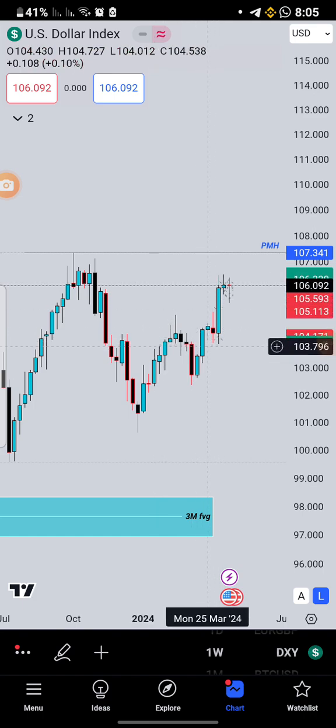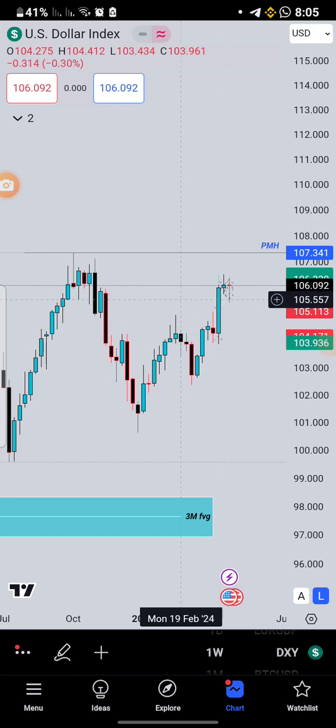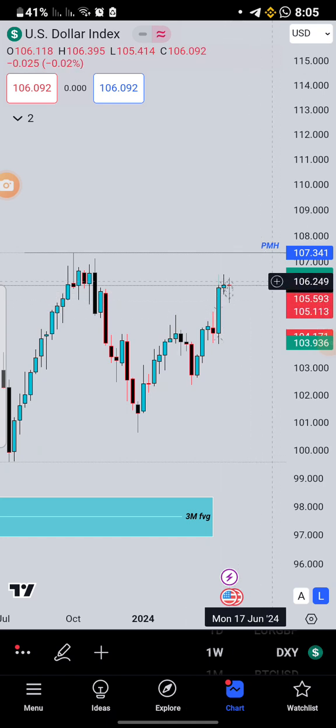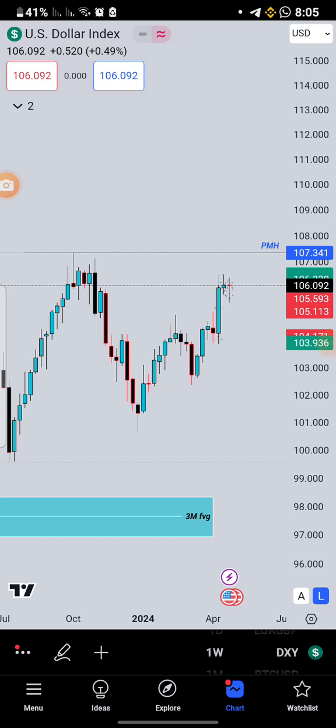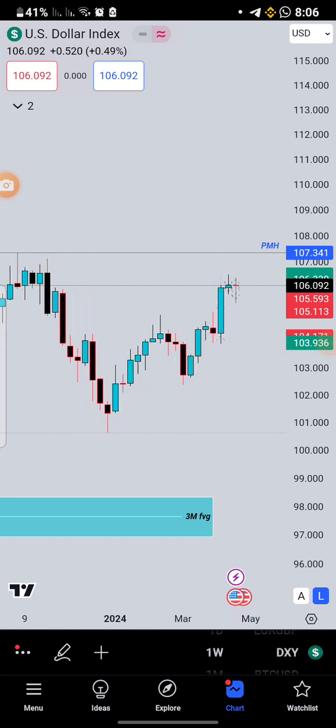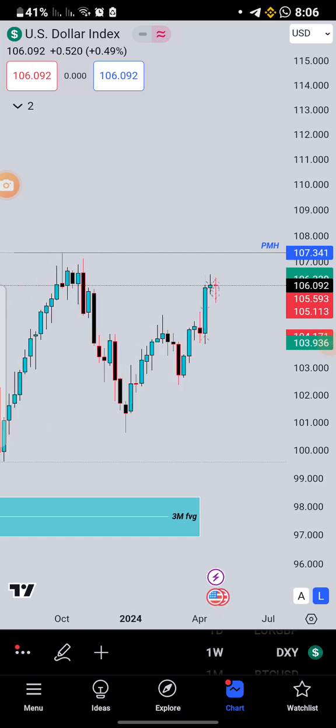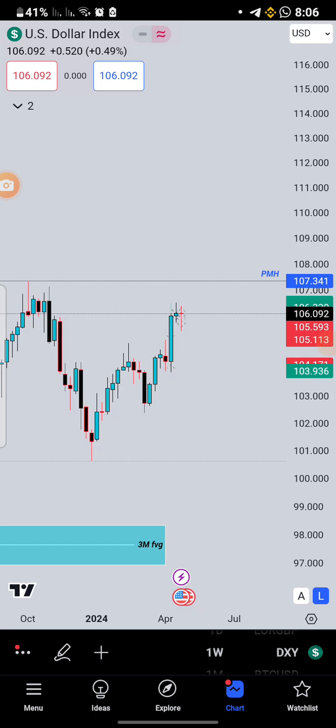This is a bullish fair value gap that was dipped into and then supported prices higher. So we have lots of confluences as to why we are bullish inside this bullish market, because we are seeing bullish arrays being respected, bearish arrays being disrespected, and the market structure showing us that we are bullish.